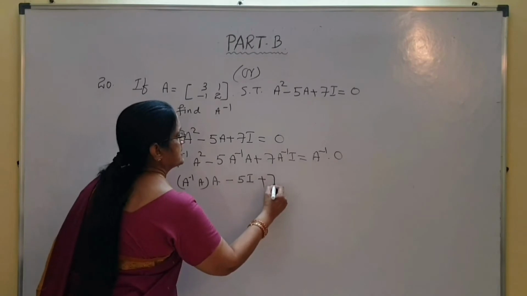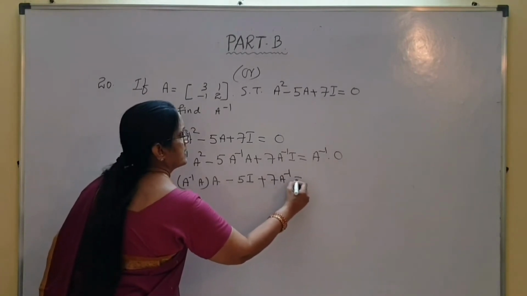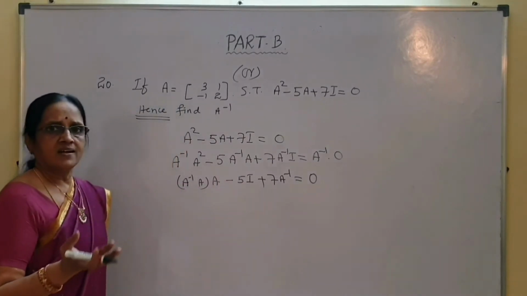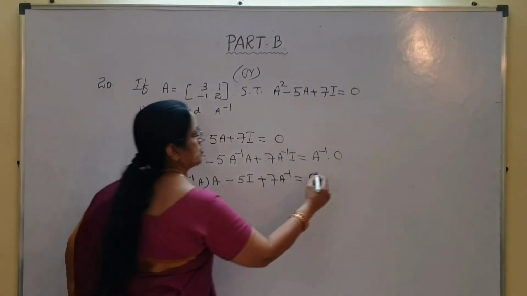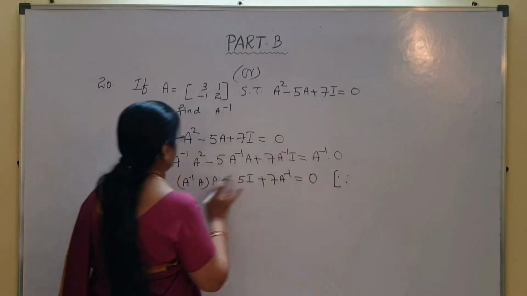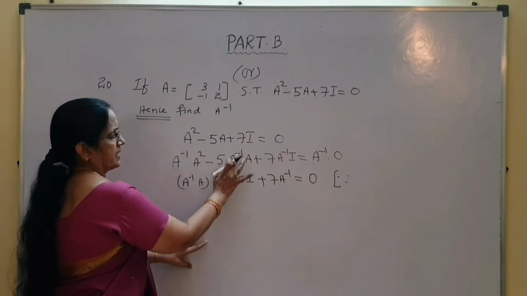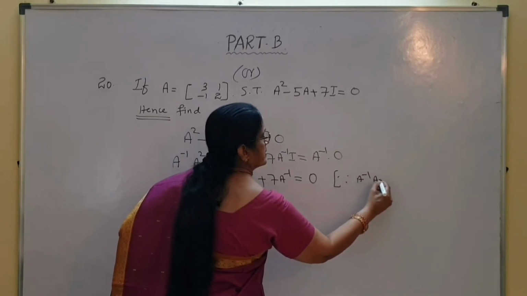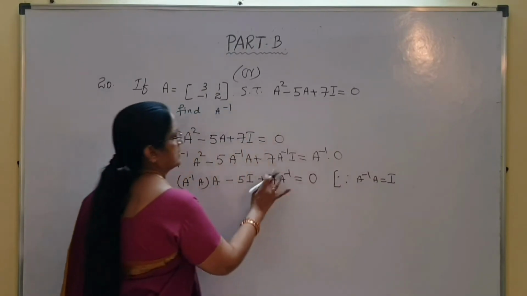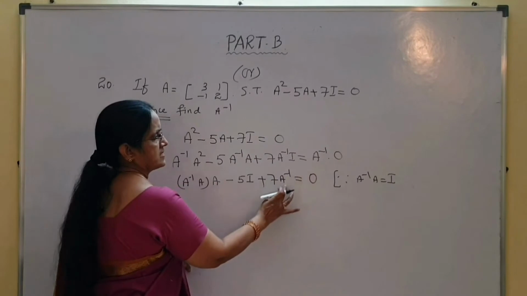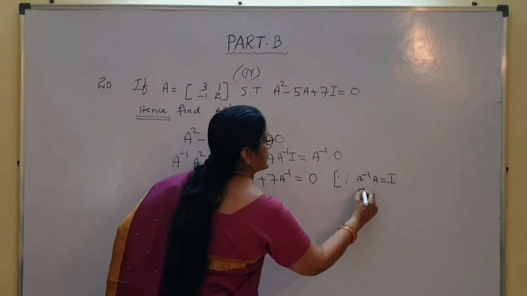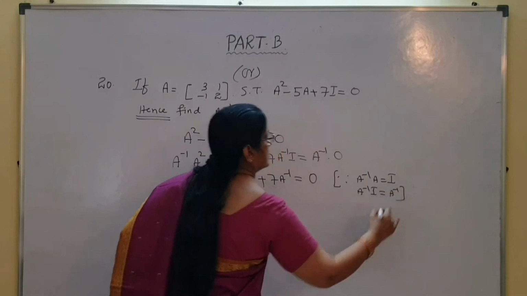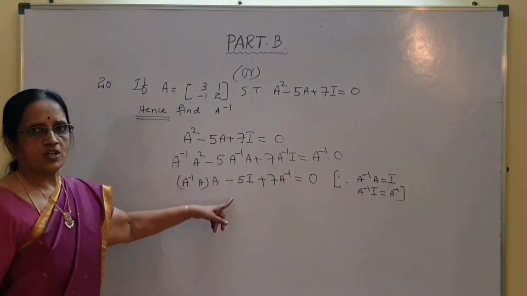So plus 7A inverse equal to 0 matrix, because A inverse into 0 matrix is a 0 matrix. So what are the rules you have made use of here? A inverse into A is equal to I, and A inverse into I is A inverse. These are the two rules you made use of.